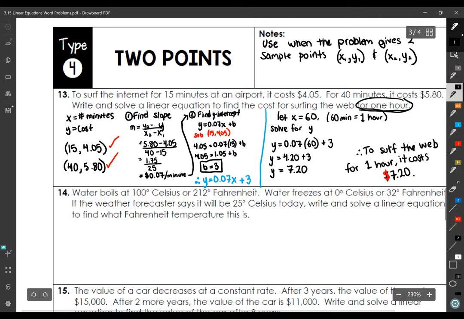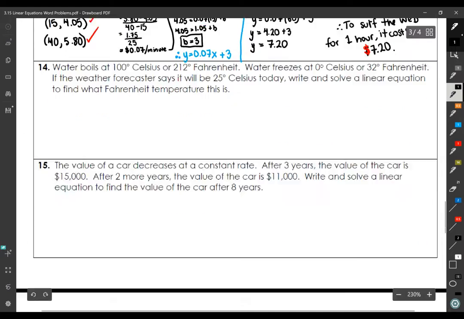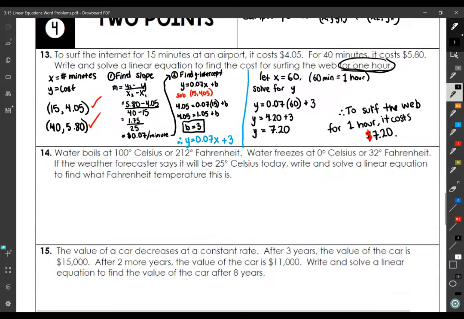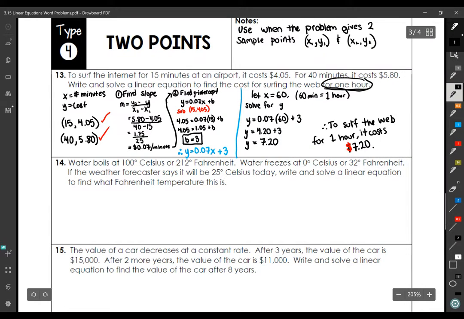Okay, good. So again, the following problems are identical. We're going to be given problems where we have two data points, two sample points. So, water boils at 100 degrees Celsius or 212 degrees Fahrenheit.